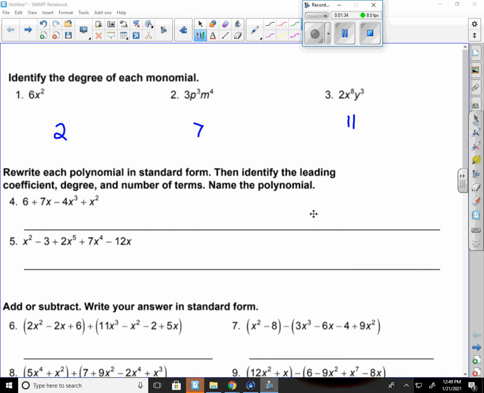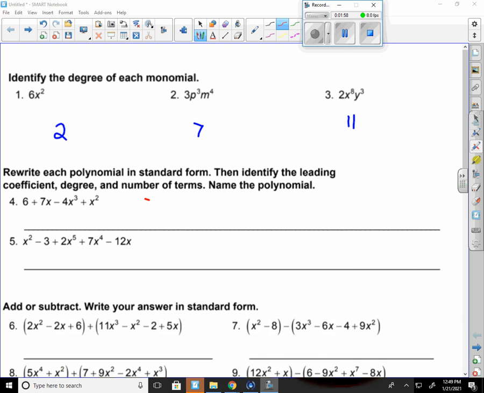Moving on to number 4, rewrite each polynomial in standard form. Then identify the leading coefficient, degree, and number of terms. Lastly, name the polynomial. So the first thing I'm going to do is put this in standard form, which means that my degrees are going to go from the highest to the lowest, which means I need the highest exponent to come first.